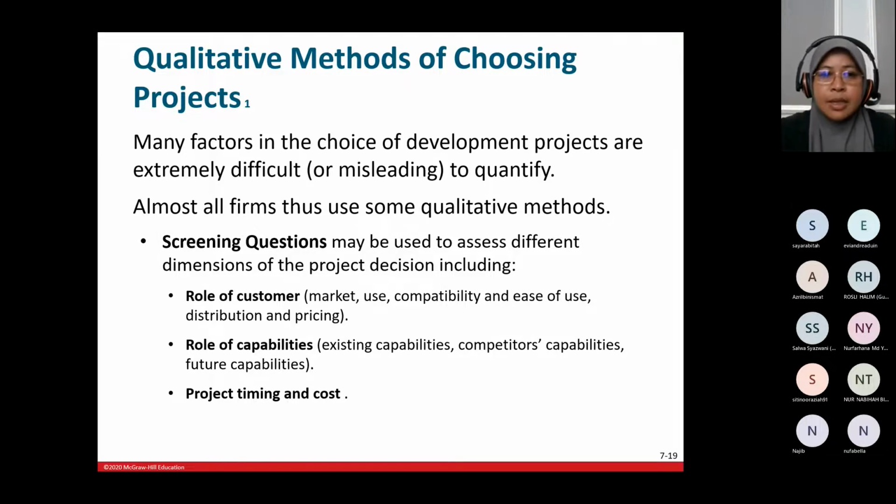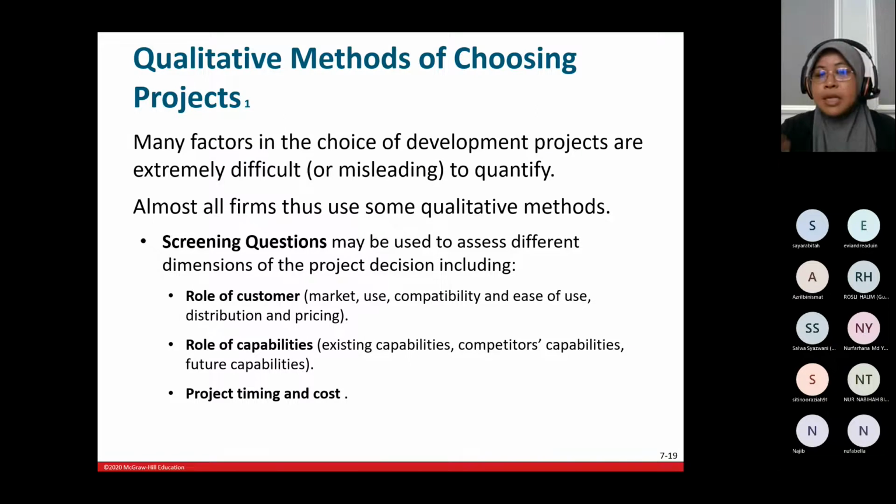Okay, so some screening options may be used to assess different dimensions of the project decision, including the role of the customer. When we are discussing choosing a project, it is not just about whatever we have in the company. You must always think that when the firm decides, it involves what is going on in the industry and what is going on among the stakeholders.